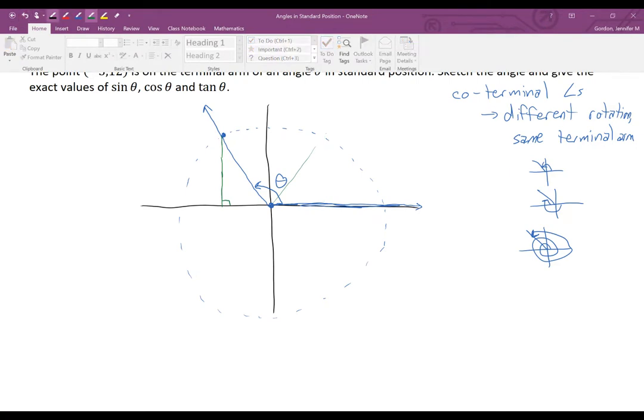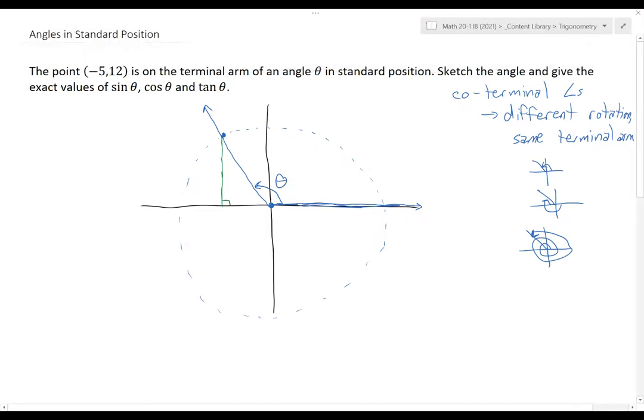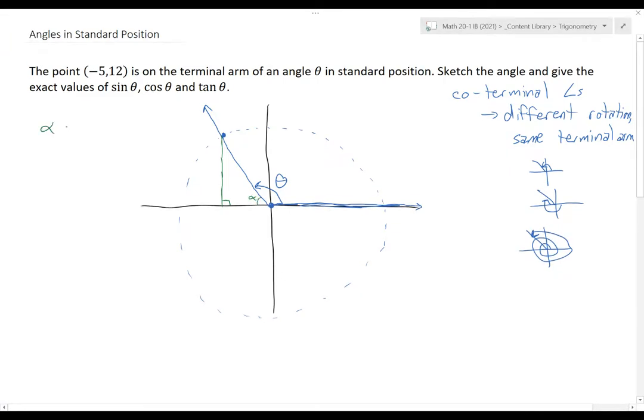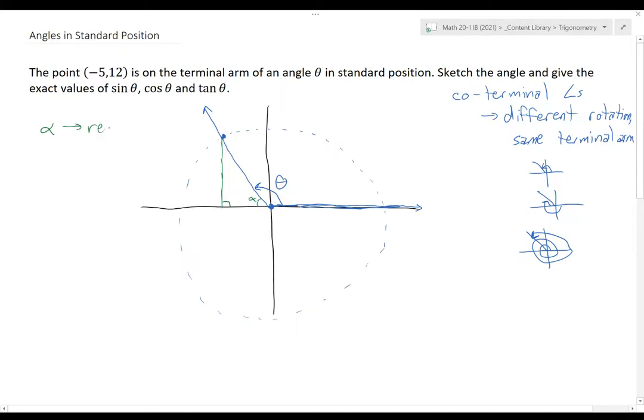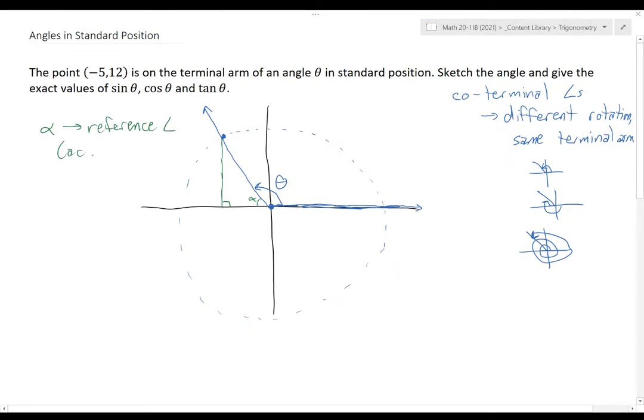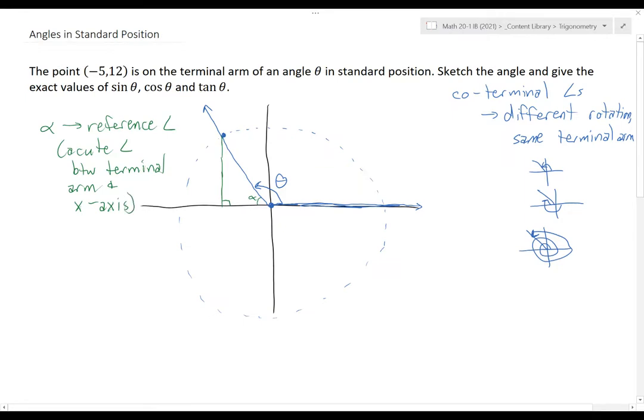But in the case where I can't draw theta inside of a right triangle, I draw a reference triangle and then we have a reference angle. I've used alpha here to represent the reference angle. The reference angle is an acute angle always between the terminal arm and the x-axis. So you'll always be able to draw a reference angle inside of a reference triangle.